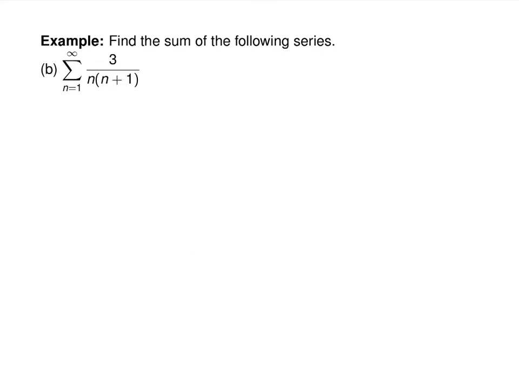Now this next series probably is something telescoping. So the hint is this denominator that can be broken up using partial fractions. So we have 3 over n times n plus 1 is a over n plus b over n plus 1. Now multiply by n times n plus 1.